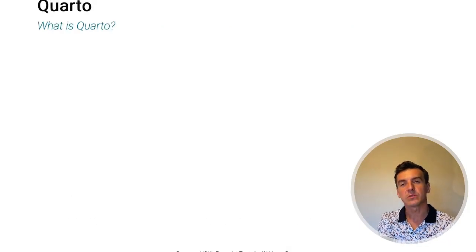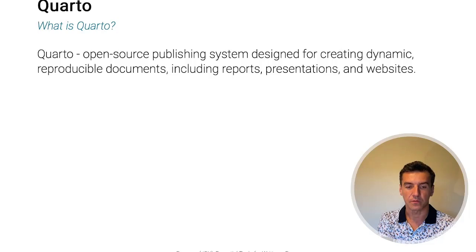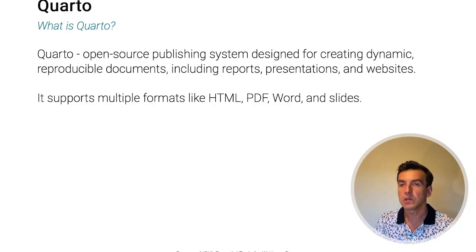Okay, this takes us to the word processing software, which is Quarto. Quarto is an open source publishing system that's designed to create dynamic, reproducible documents, including websites, but also reports, presentations. The good thing about Quarto, which is the reason why I switched to it, is because it allows me to render documents in HTML format, PDF, but even Word.